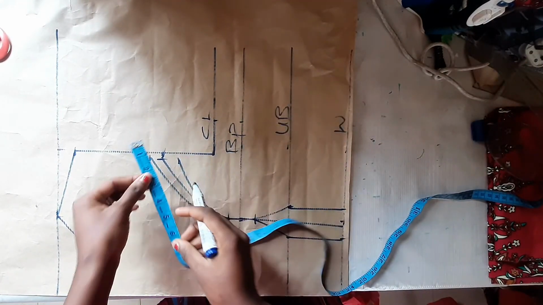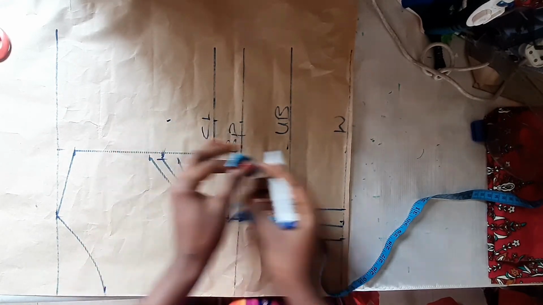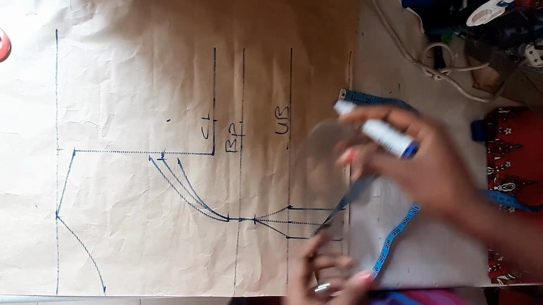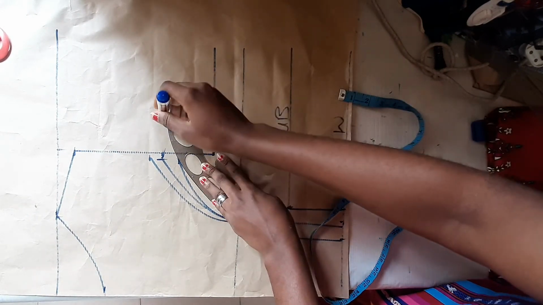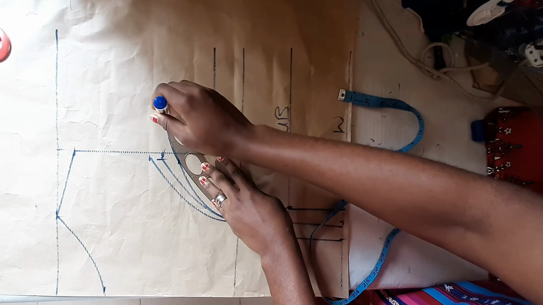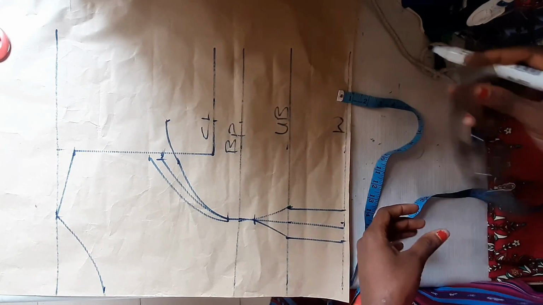And now you're going to extend the 2 inches you removed from both sides. To avoid shortage on the armhole, we're going to extend it.